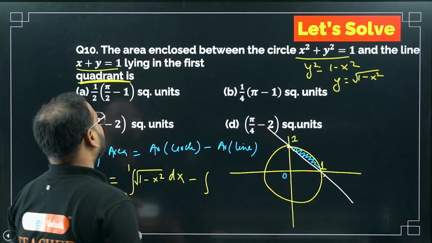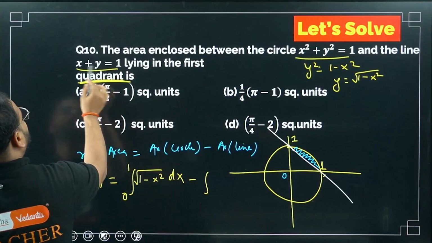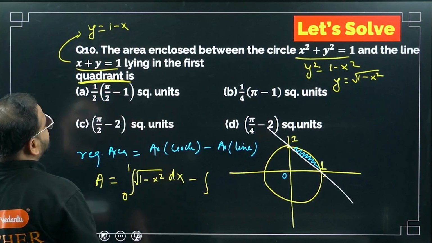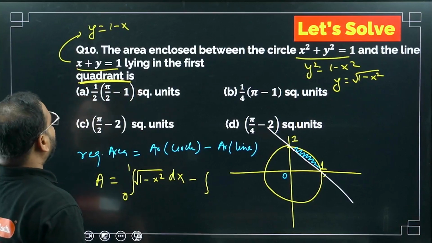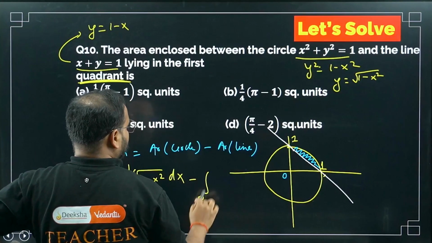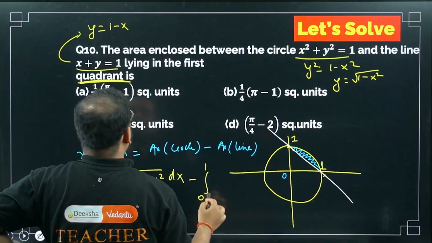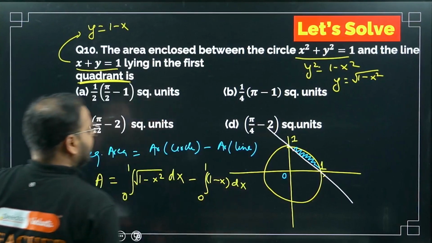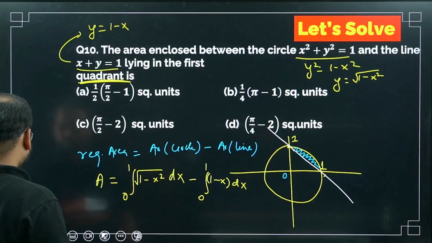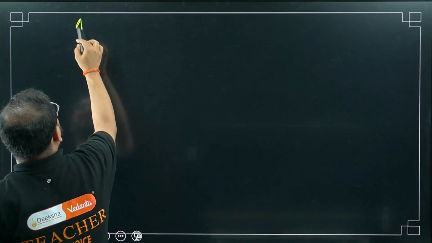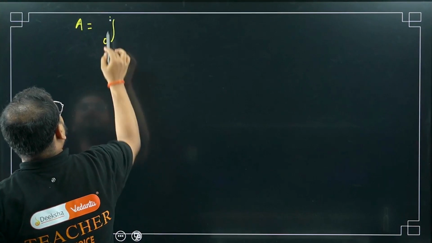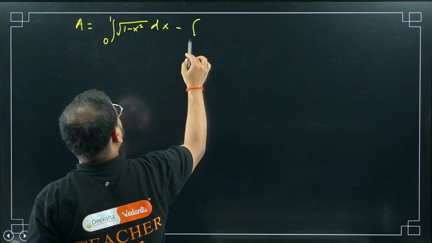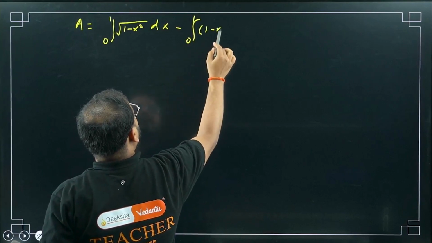The line is x plus y equal to 1, so from here y equals 1 minus x. Again the same limit, 0 to 1, 1 minus x dx. So I have to do the integration over here. I'll write the integration once again: integral from 0 to 1 of root of 1 minus x square dx minus integral from 0 to 1 of 1 minus x dx.